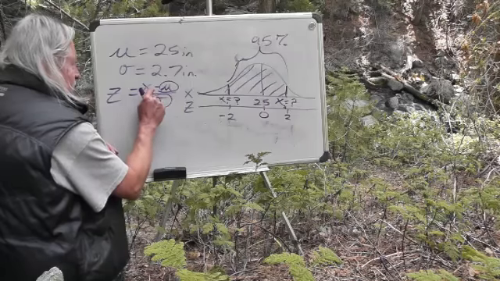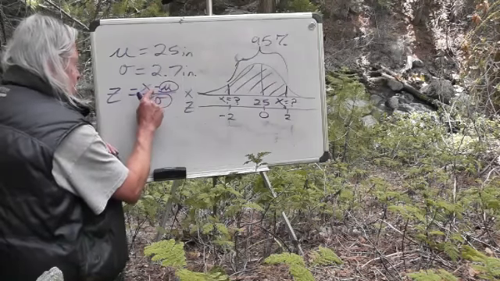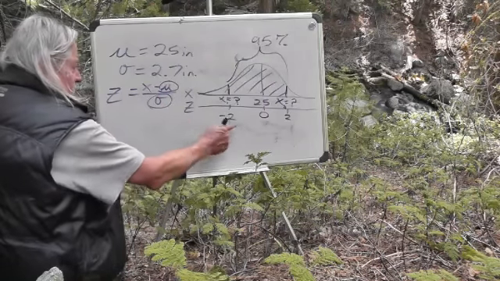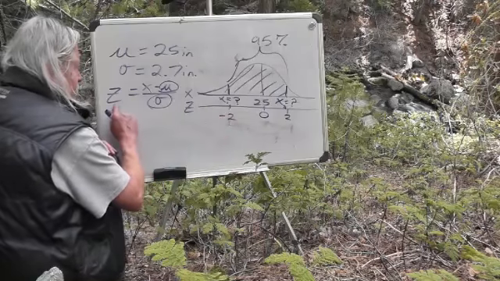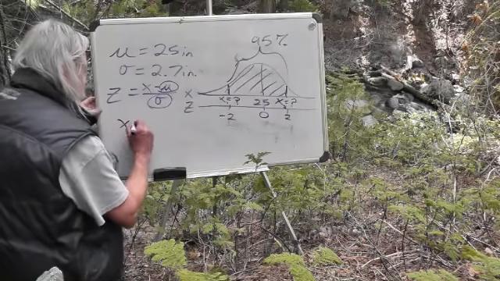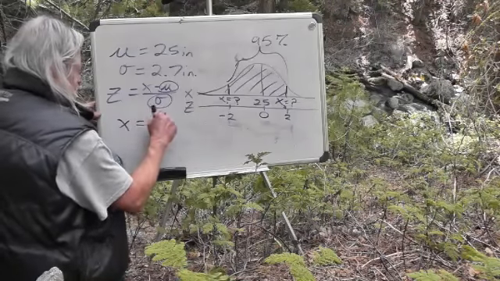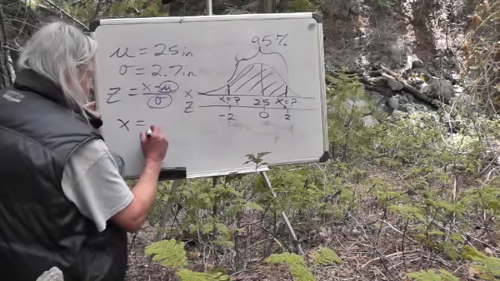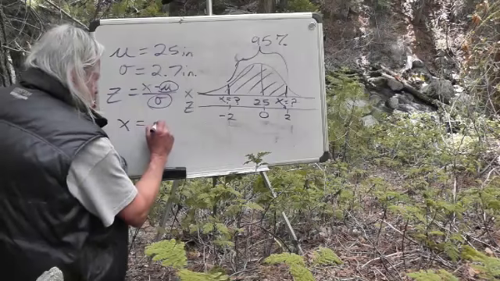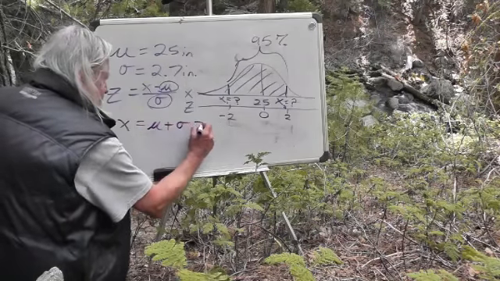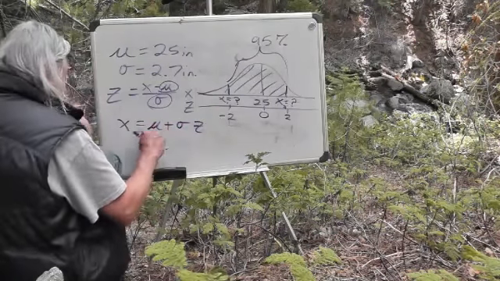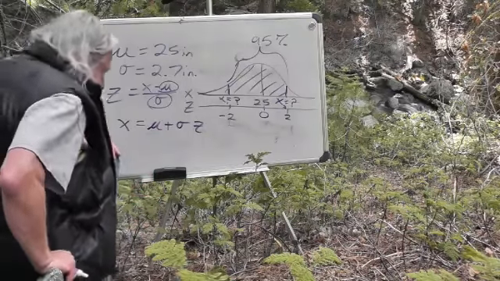If we didn't already have that -2, we would have narrowed it down to, let's find the z-scores, then we can solve for x. So if we multiply both sides by sigma, and then add the mu to both sides, we get x equals mu plus sigma z.